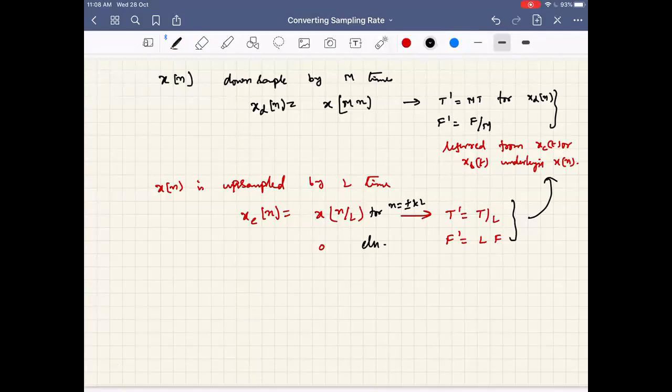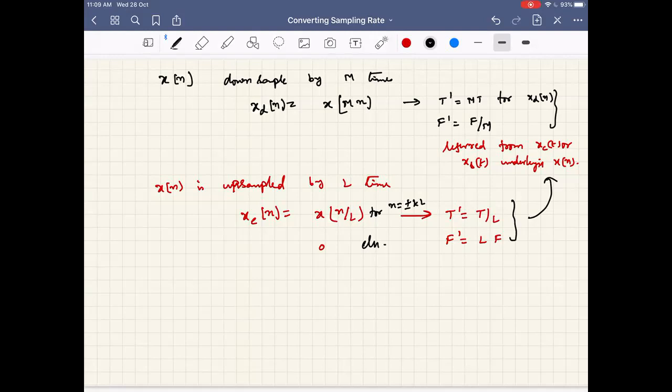So when the index of the expanded signal is a multiple of capital L, the upsampling factor, we get the corresponding sample from the original x of n. Otherwise we keep zeros. This is how the expansion happens.